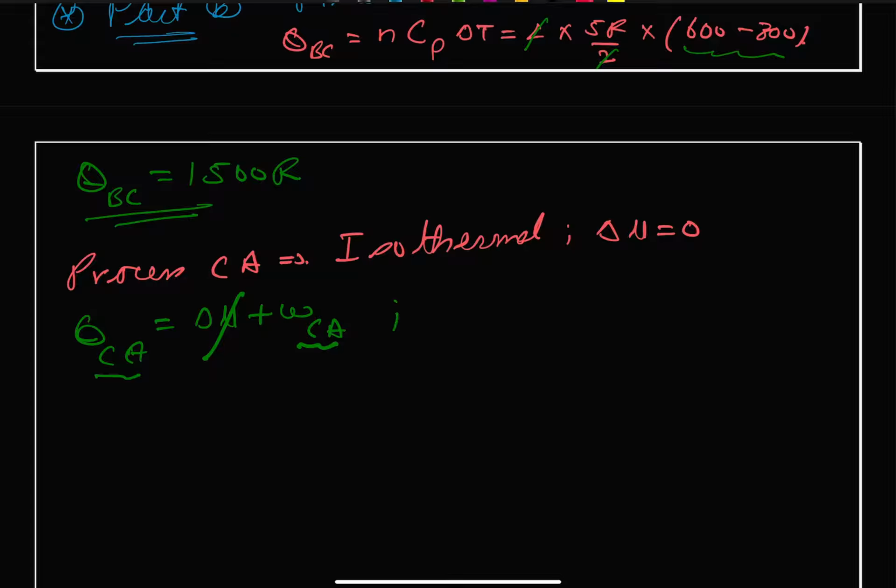So the work done for CA, which is an isothermal process, will be equal to NRT natural log of pressure at C divided by pressure at A. You can simply substitute the values.